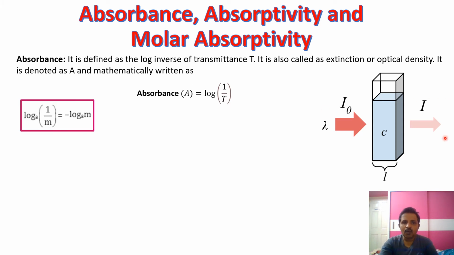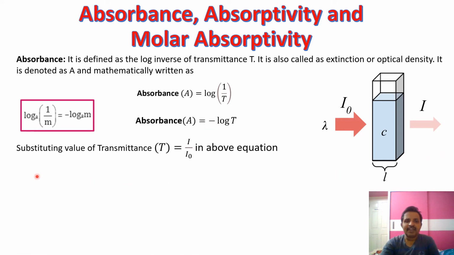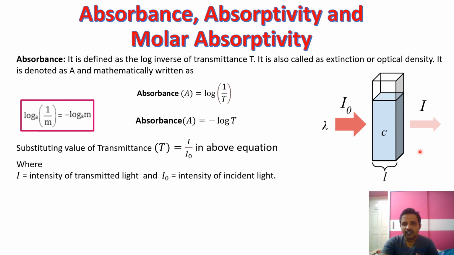Okay. Now by using the formula log 1 by m is equal to minus log m, we can write absorbance A equal to minus log T. Now, substituting the value of transmittance, T equal to I by I naught, in the above equation we get absorbance equal to minus log I by I naught.